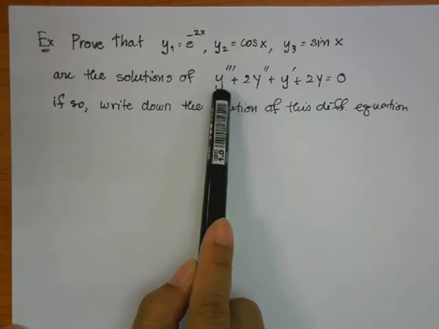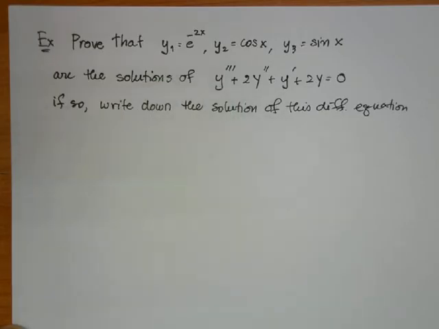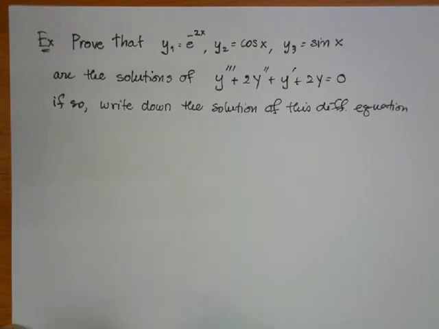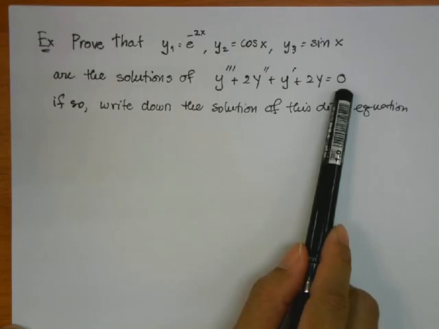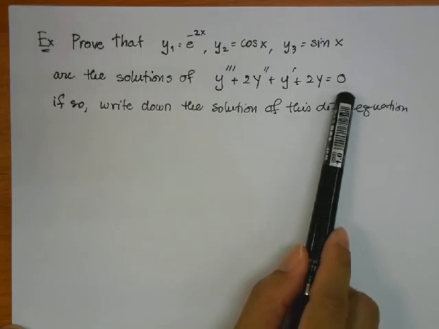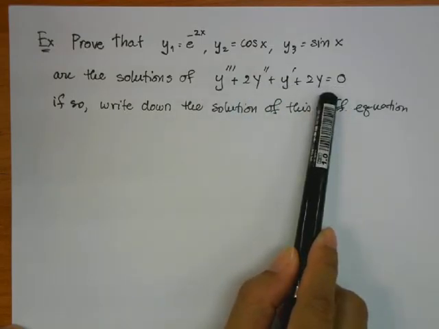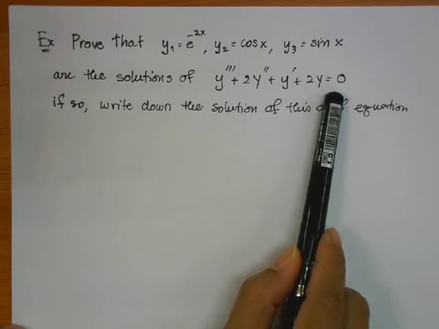This one is third order, so you can find three solutions, three values of y. And the right hand side is equal to 0, so that means it is a homogeneous differential equation. In that case, the solution is equal to yc, where yc is the general solution.